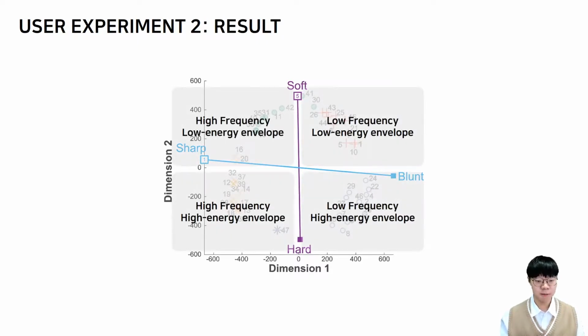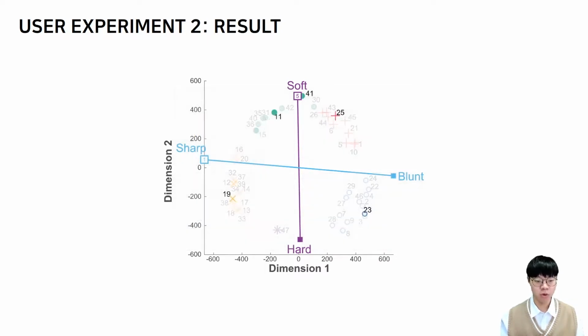Using the primary perceptual dimensions, we can obtain a tendency similar to experiment one, related to the vibration frequency and energy of envelope. Also, we can label the perceptual properties of the four button groups using the two dimensions.